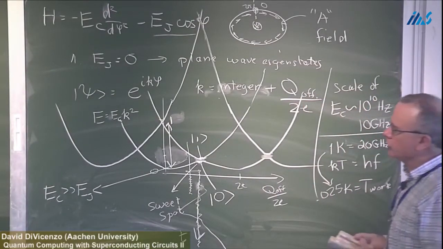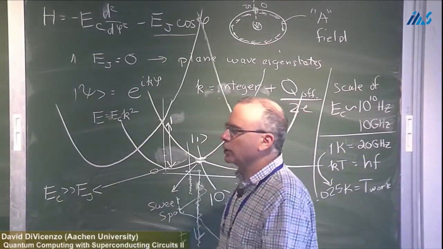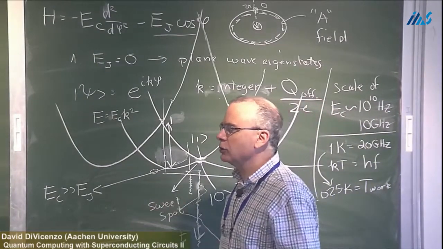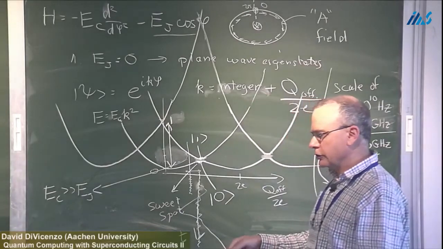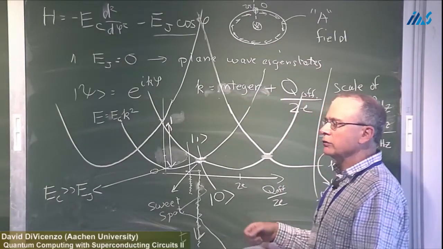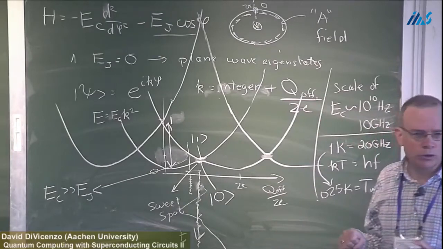Of course, it's not literally the number of Cooper pairs in the superconductor, which is countless billions or something, but it is the relative number of Cooper pairs relative to the sort of uncharged or neutral state.